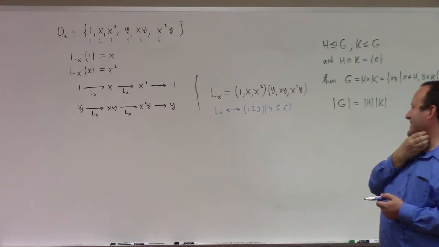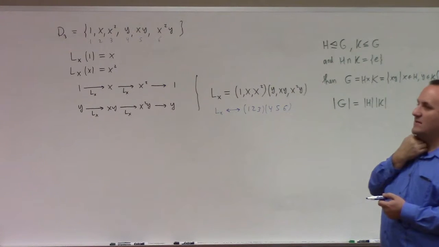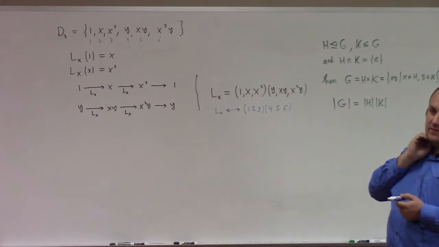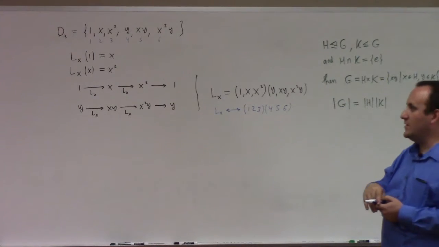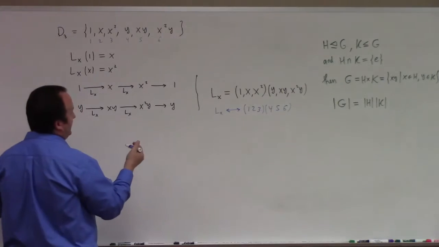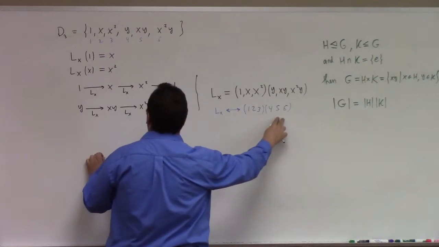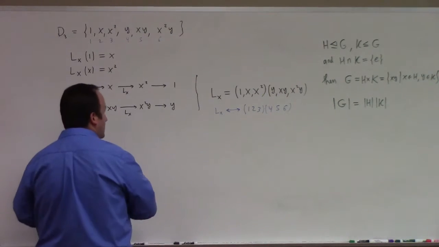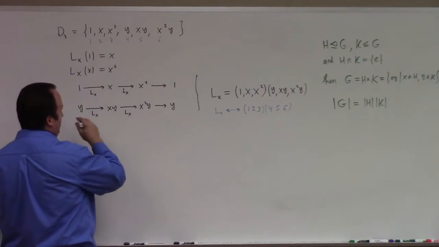So there's a representation. You can view D3 as a particular subgroup of S6. What is that subgroup? Well, one of the cycles in there is this. Let's find it. So there's the L sub x.